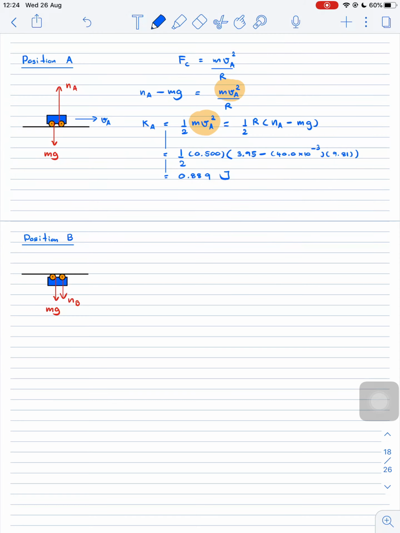Again, the toy car is moving to the left-hand side with the speed VB.